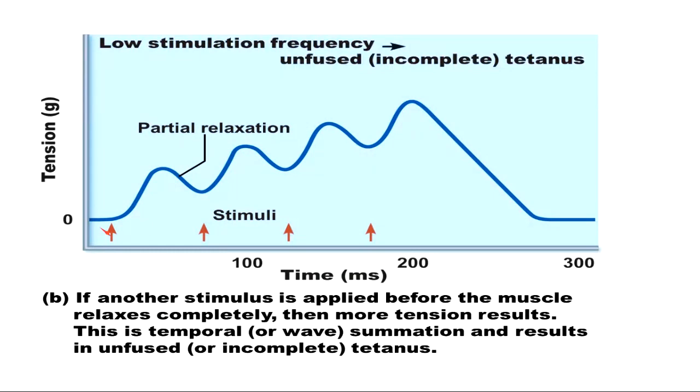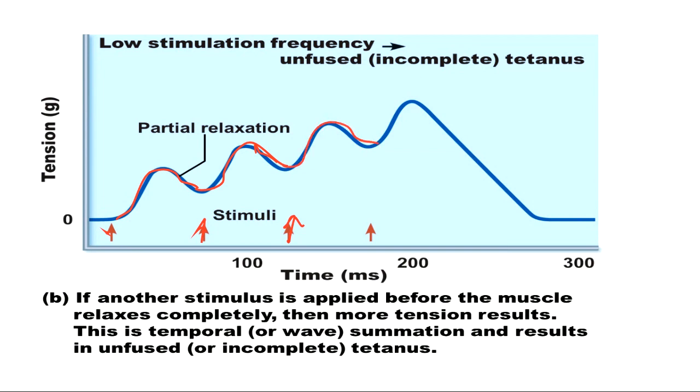So in this example, stimulation happens. There's a lag phase, there's contraction, the muscle begins to relax, and before the muscle completely relaxes, another stimulus is generated, which means more acetylcholine being released, which leads to more calcium being released in the cell. And notice what happens to the next contraction. It becomes stronger. Okay. Then before that second relaxation period is finished, another stimulation happens, and the next contraction is stronger than the previous one.